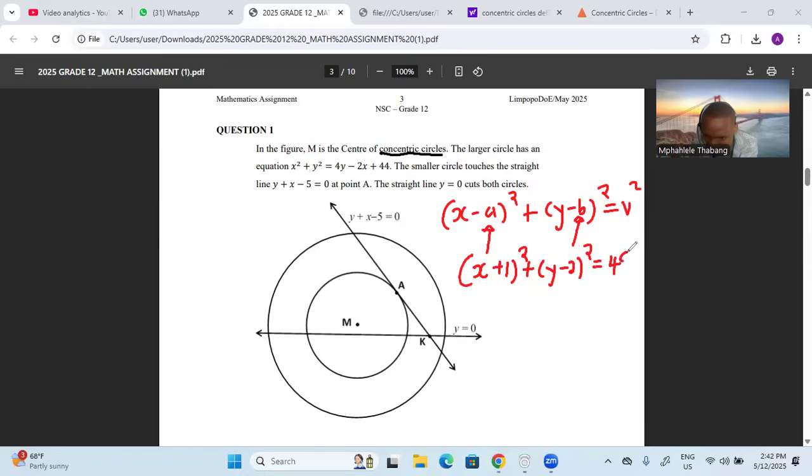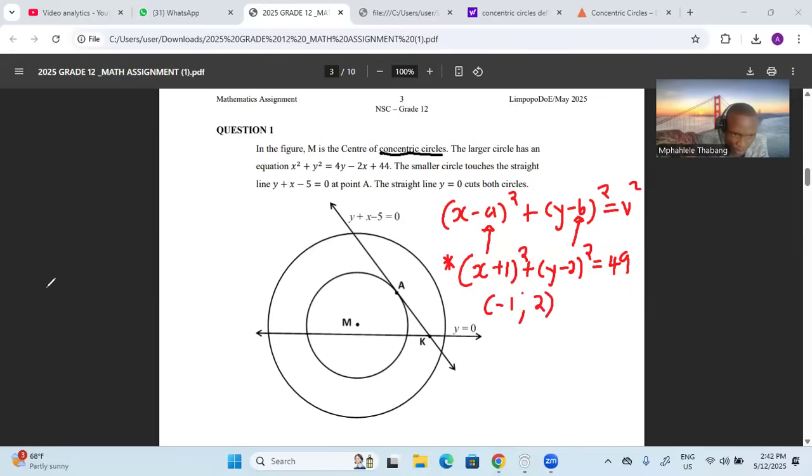So these are the two different ways of writing the equation of a circle. You can write it in this form whereby you are able to see the point of the center of the circle. In this case, when you look at x plus 1 squared plus y minus 2 squared equals 49, we are able to see that the point of the center is (-1, 2).